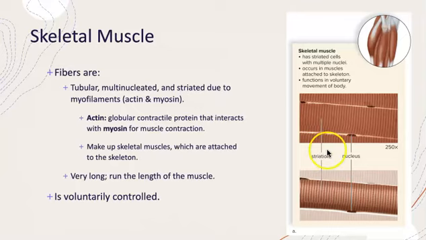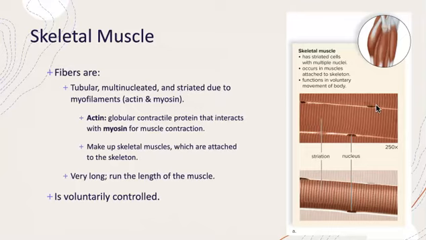And then I want you to look at this illustration here. Notice that these cells have many nuclei within them. That's because these muscles are going to be very long and attach from one part of the skeleton to the other. And so because this muscle cell can be so large, we need to have multiple nuclei to be the control center and also allow for protein synthesis within the muscle to take place in multiple locations.